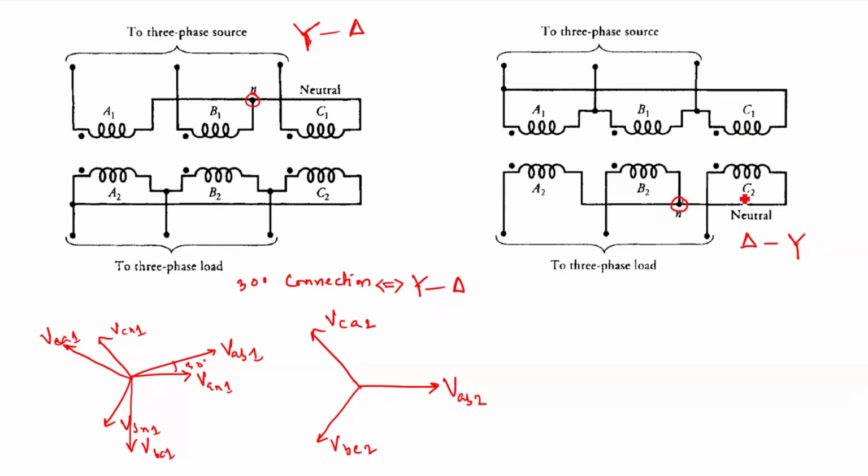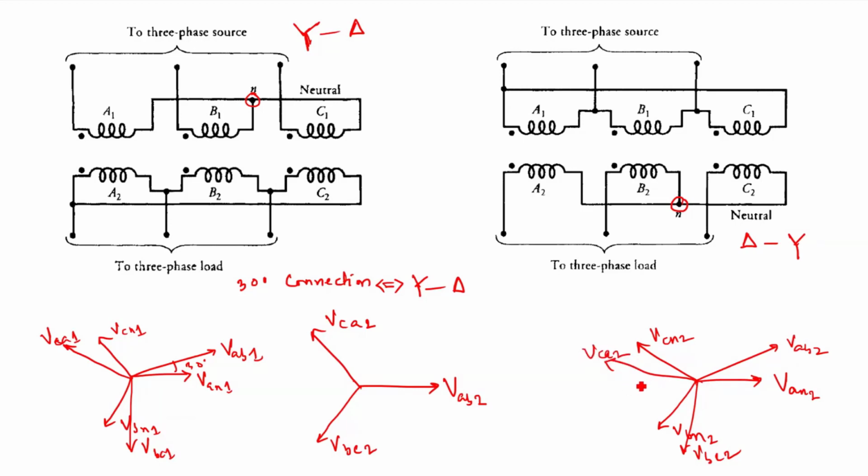So here if we draw the phasor diagram, what will happen? We know the phase voltage of the secondary side will be in phase with the line voltage of the primary side. So if we draw the secondary side voltages, this is VAN2, this is VBN2, this is your VCN2, and this is VAB2, VBC2, this is your VCA2.